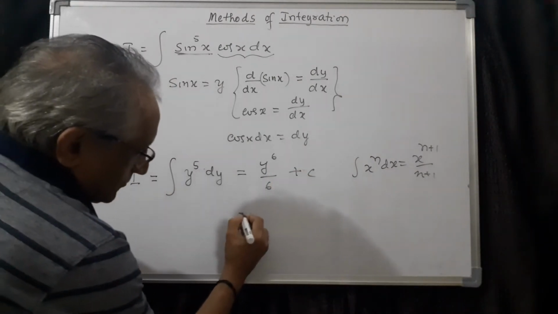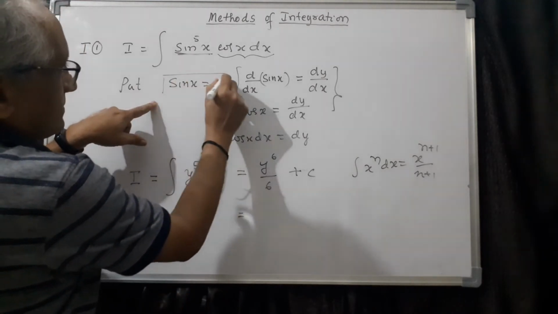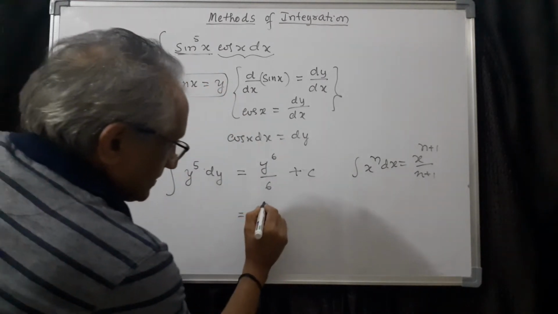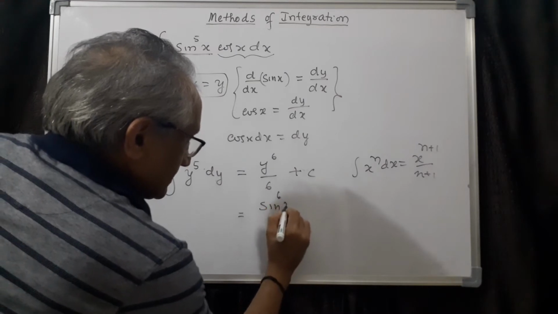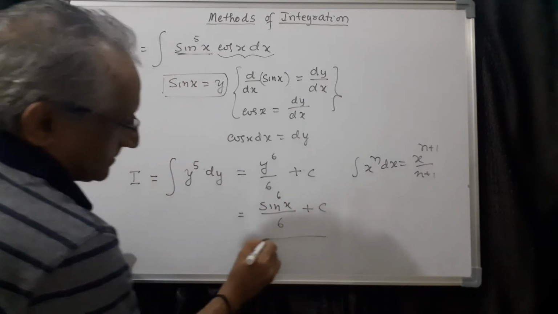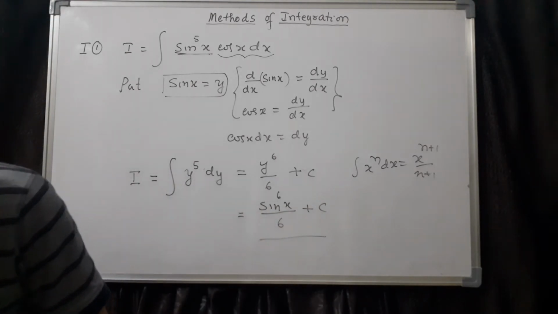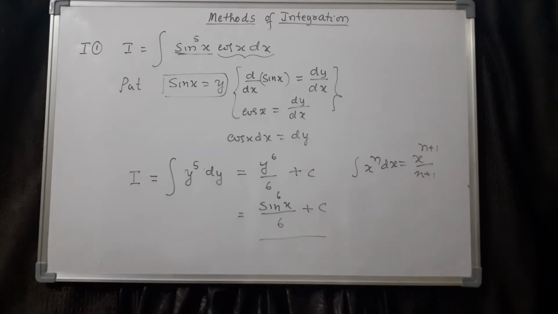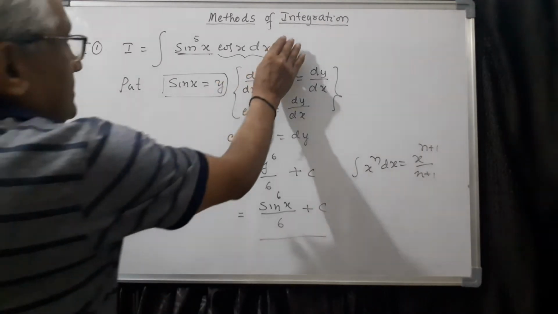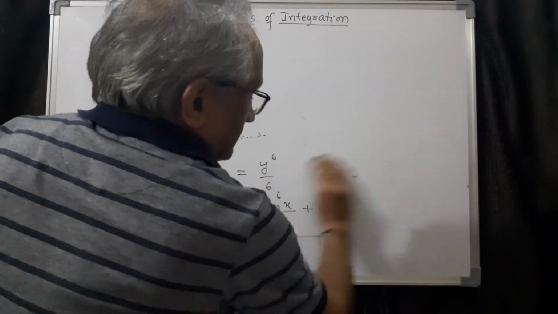Now what we have to do is only one step. y is actually sin x, therefore I write sin^6 x divided by 6 plus c. So this is the answer. Let me do a few more examples so that this method is clear.